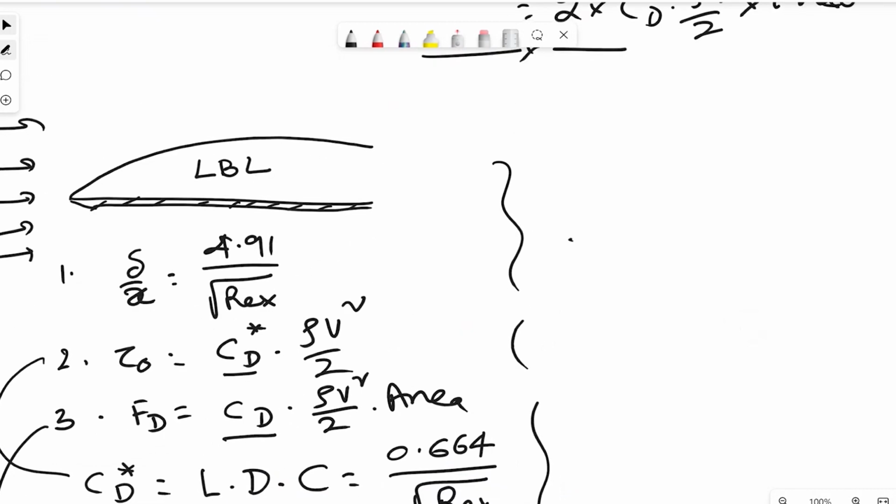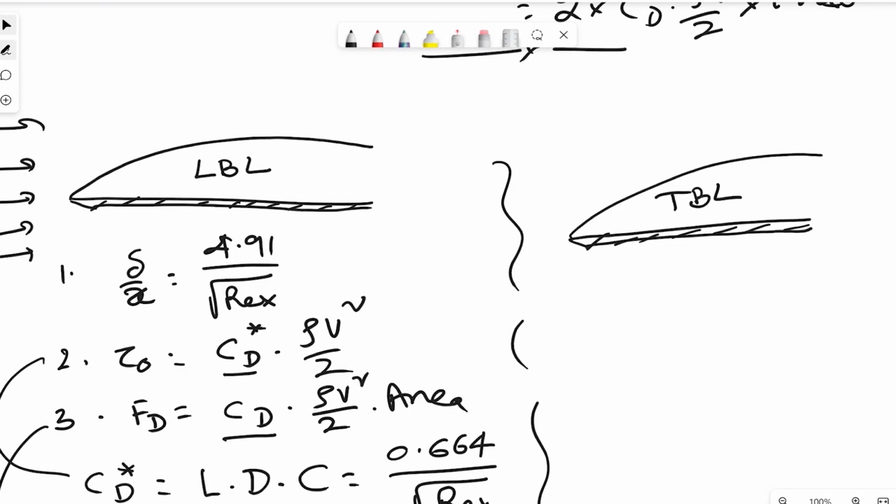Whereas if the complete boundary layer is a turbulent boundary layer, then we have again the same: delta by x is equal to 0.376 divided by Rex to the power of 1 by 5. The difference is that it is for root, and this is the power of 1 by 5, which you should remember.